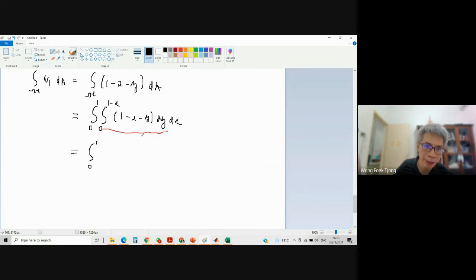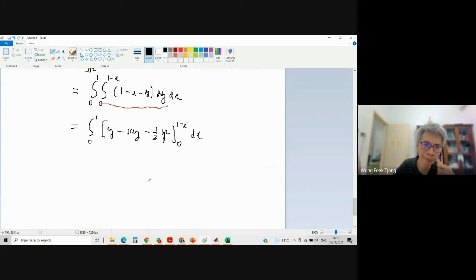Begin from inside, with respect to y. So this is y minus xy minus 1/2 y squared. We evaluate y from 0 to 1 minus x, dx, okay?